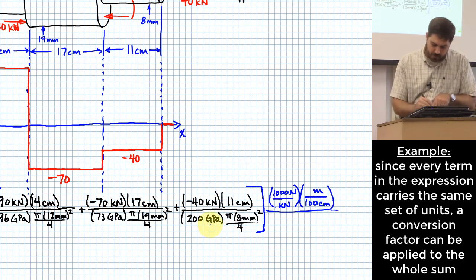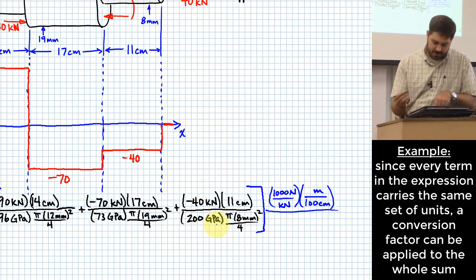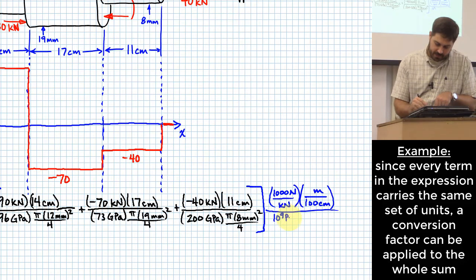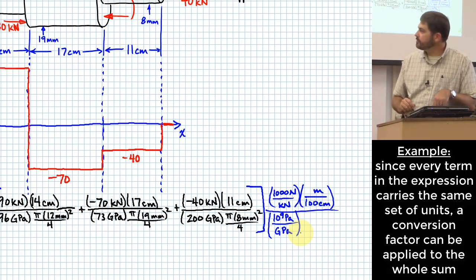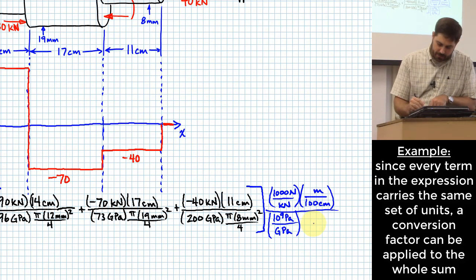What about GPa? We could do 10 to the 9th pascals in a gigapascal. And then what about millimeters squared?